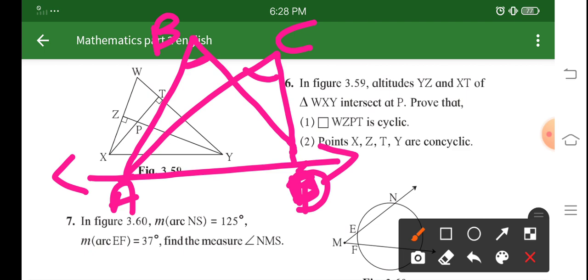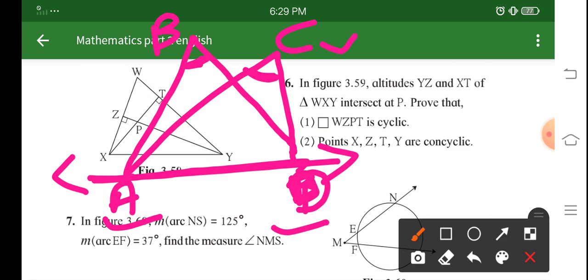If 2 points on a given line, so this is a given line and the 2 points are A and D, they are making equal angles. Can you see this angle and this angle are equal? They are making 2 equal angles at 2 distinct points. Can you see these distinct points? Distinct means different points. This B and C, both points are distinct from each other.